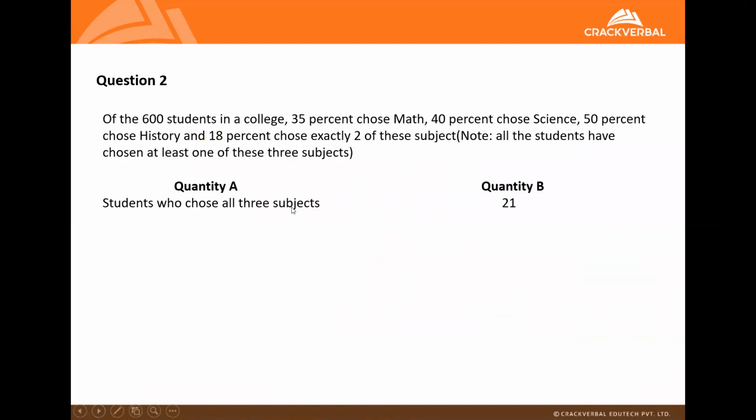So here's your second question. And this is where now I would start bringing in certain alternate strategies to solve any question on Venn diagrams. Okay. So I'm going to give you a good 2 minutes to solve this. Your 2 minutes start now.